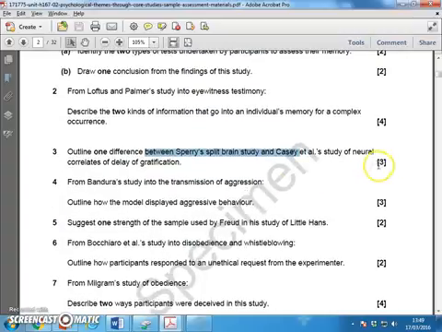The key thing is remember to underline one difference. Okay, 2 kinds of information, suggest 1 strength, how participants responded. Okay, how, look for those key words and link back to the study. Always make sure you're talking about something from Bocciaro if it's a question on Bocciaro, so contextualizing back to the study.